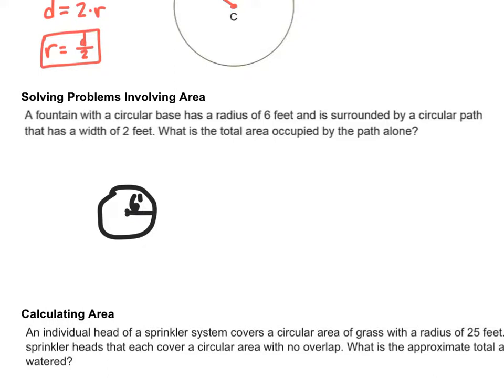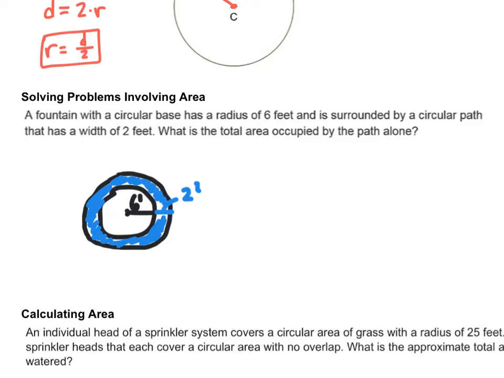That fountain is surrounded by a circular path that goes around, and this has a length here of 2 feet. What we want to do is find the area of the path alone.